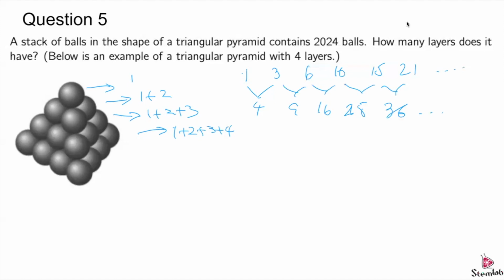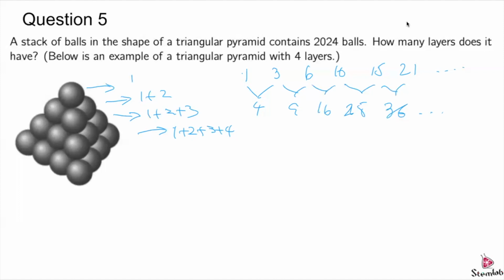We have the sum being 2024. There are two cases here: it could have an odd number of layers, or an even number of layers. We'll tackle the even case first because it's easier. If it works, we're done. If not, then we tackle the odd case.